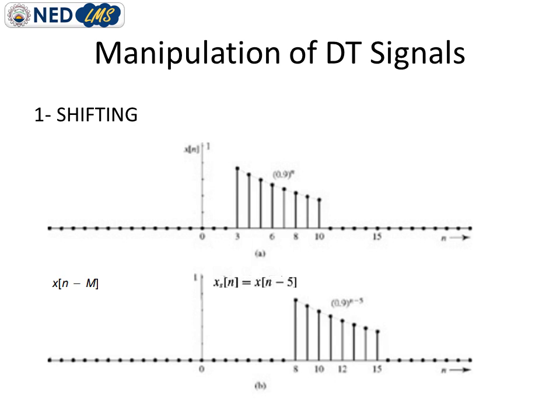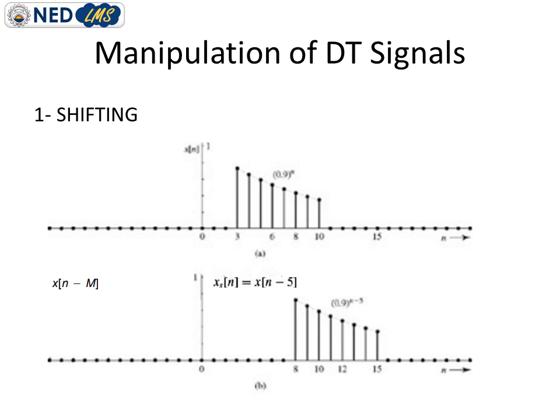Similar to the continuous time domain, where we have positive and negative values of capital T, here also we can have positive and negative values of capital M. If we have a positive value of M, then this sequence is shifted to the right, or delayed. If M is negative, the signal is shifted to the left, that is advancement of the sequence.